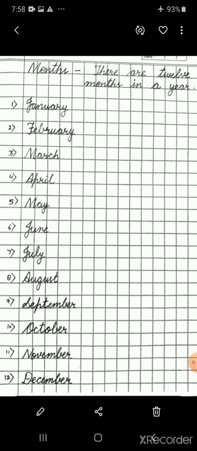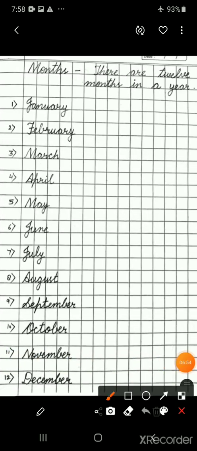Now on the next page you will write about months. What are months? How many months are there? You will write that there are 12 months in a year.